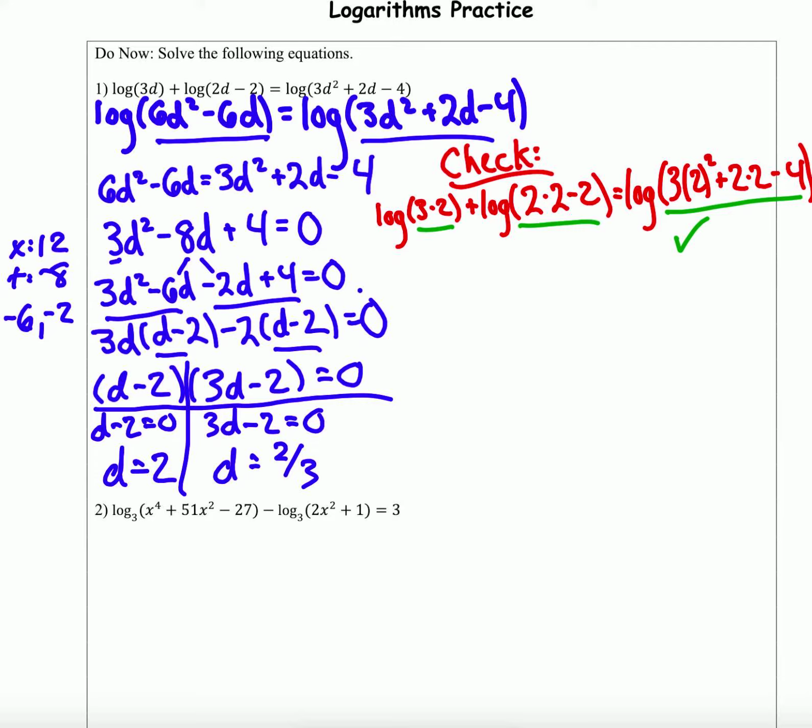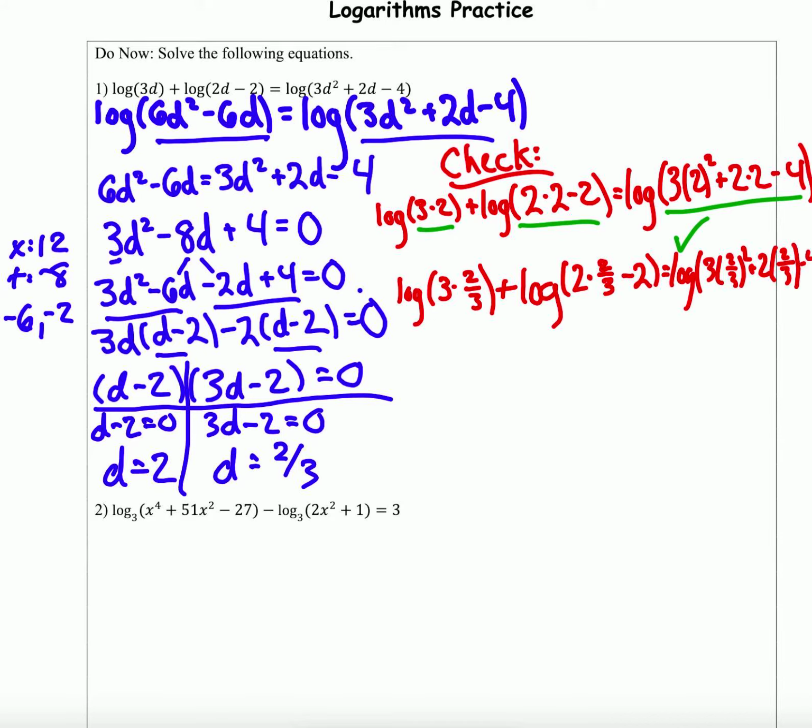And let's check our other possible solution, 2 over 3. So that would be log of 3 times 2 over 3. That one's good, our argument's positive, greater than 0, plus log of 2 times 2 over 3 minus 2 equals log of 3 times 2 over 3 squared plus 2 times 2 over 3 minus 4.